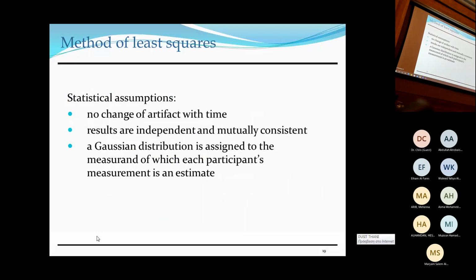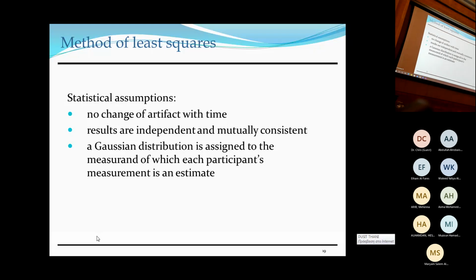So what are the statistical assumptions that are usually put into the model when someone uses least squares in order to formulate a consensus value, an assigned value through consensus?